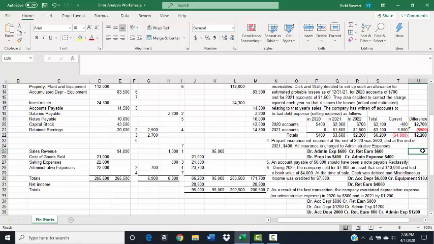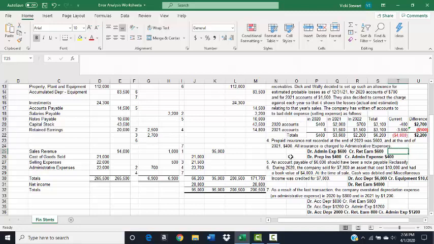Okay, so that $600 of prepaid insurance actually belonged to this year. So to correct it, we need to go ahead and debit administrative expense for $600 for this year. But we need to credit retained earnings for $600 because it wasn't backed out or adjusted in 2020. Okay, that will correct that amount.